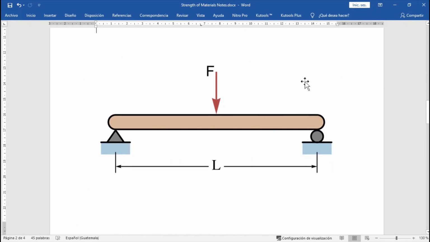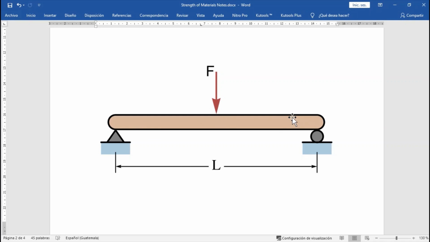Look, this is a visual example of a beam. This horizontal bar is the beam. As you see, the force is applied in a perpendicular way. This is the longitudinal side of the beam, and the force is applied in a perpendicular way to this longitude. Not always, right? Not all the times the force is going to be applied in a perpendicular way.